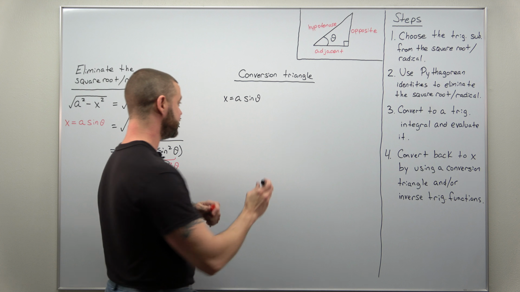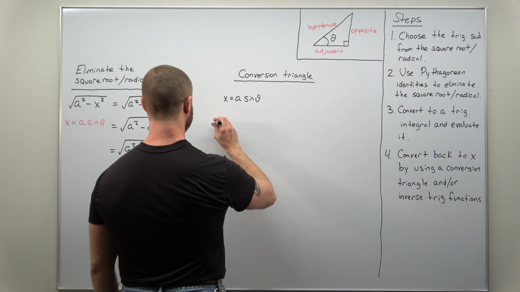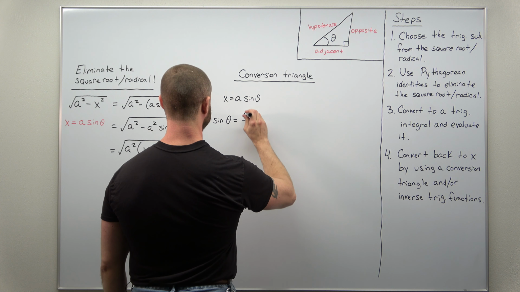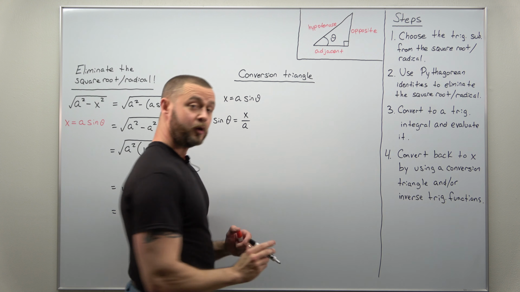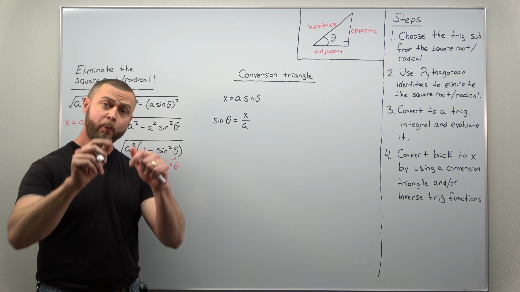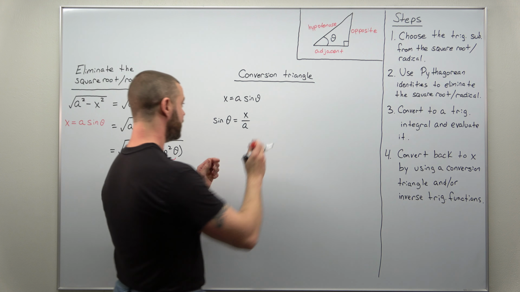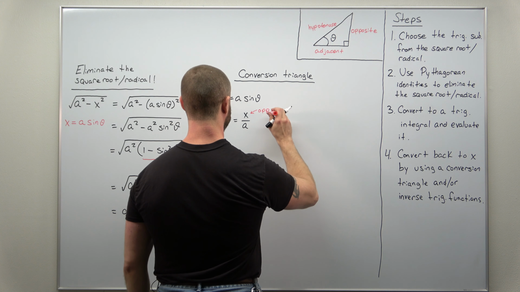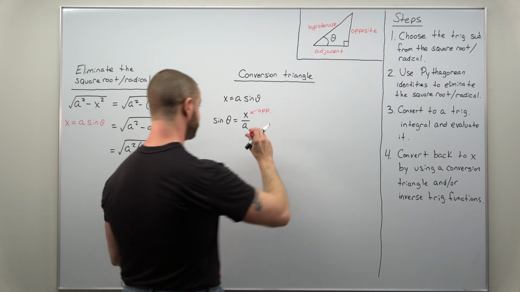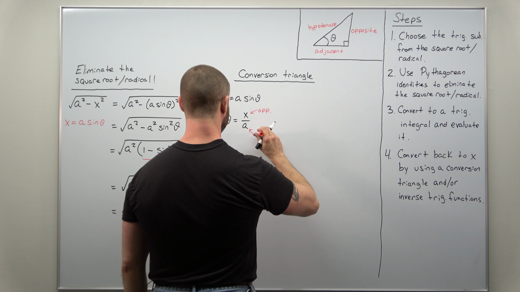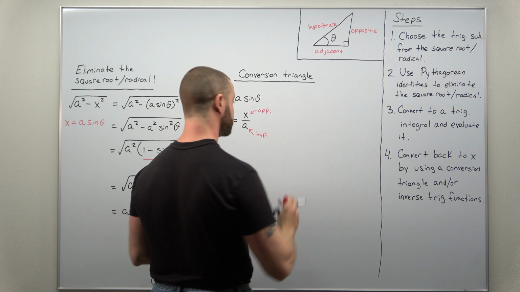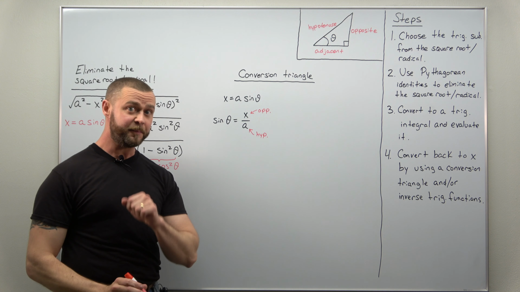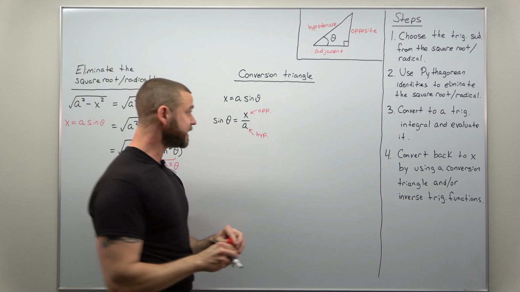We can divide a to the other side, and we'll write this as sine of theta equals x over a. And we're going to think of sine of an angle as the opposite side divided by the hypotenuse. And that tells us 2 of the 3 sides in a basic right triangle. Let's go ahead and sketch that.